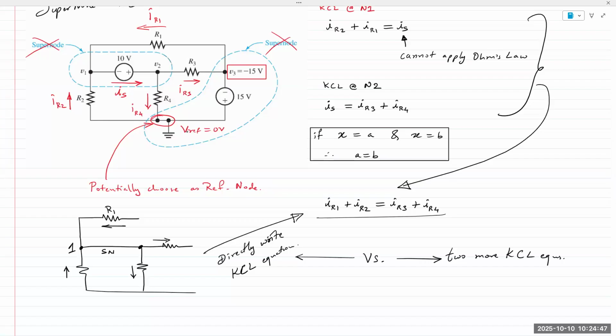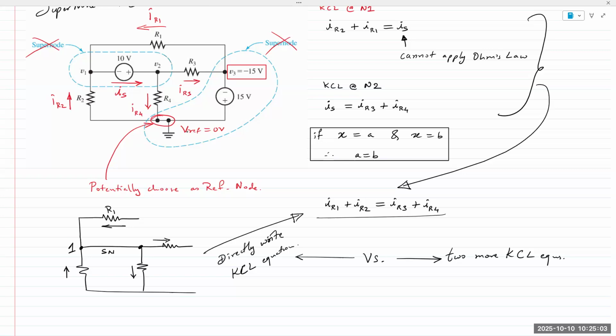Now, if you do want to practice and strengthen your grasp on the concept, by all means, you can do both. I won't require a supernode application in any of my quizzes or exams.